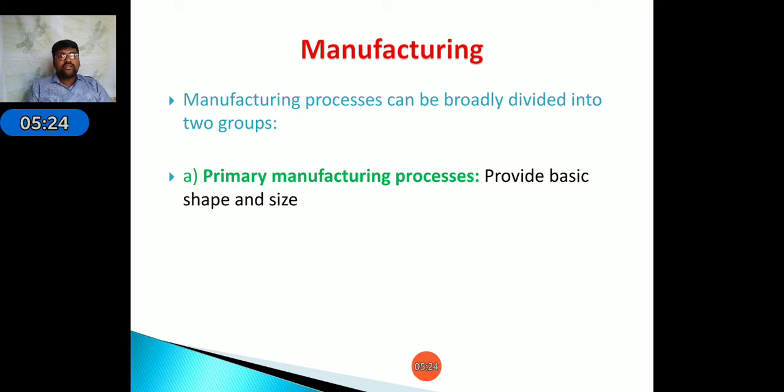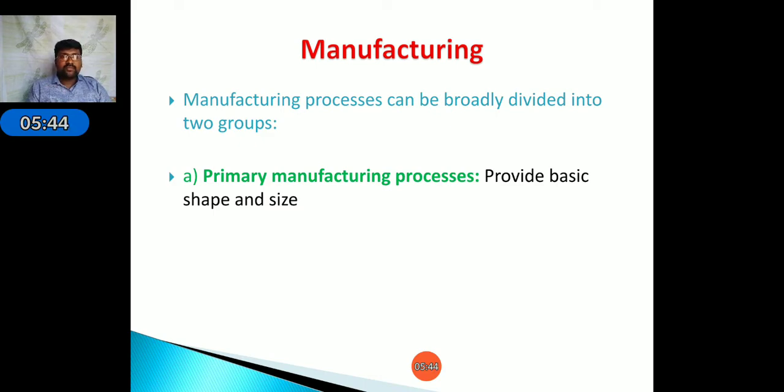Okay, by using the machinery, manpower, next electricity, and different machine tools. By using all these parameters, conversion of raw material into usable form is known as manufacturing.